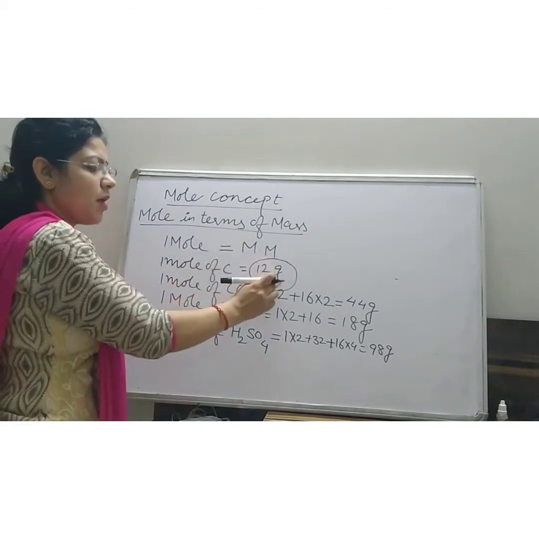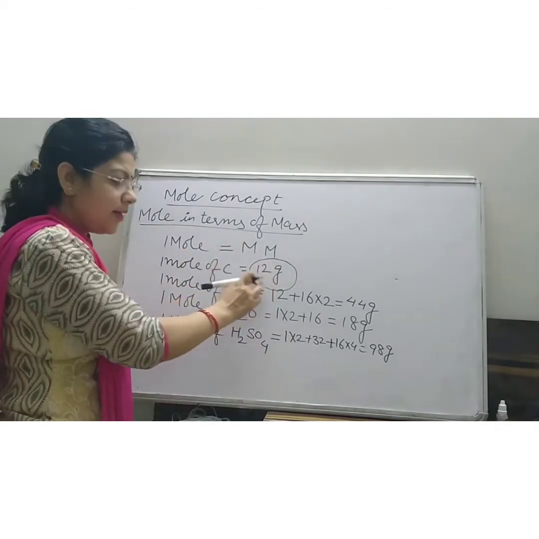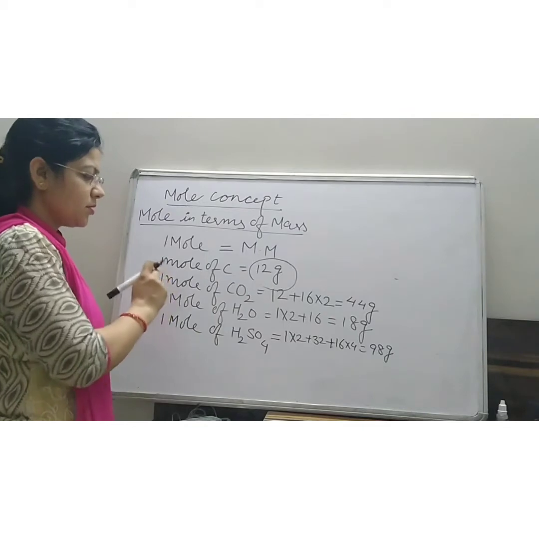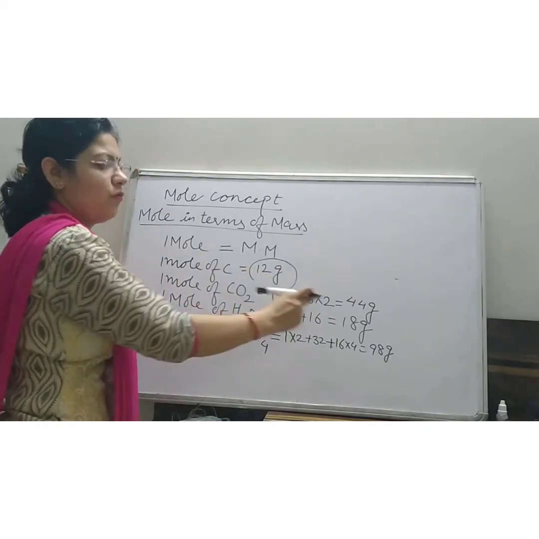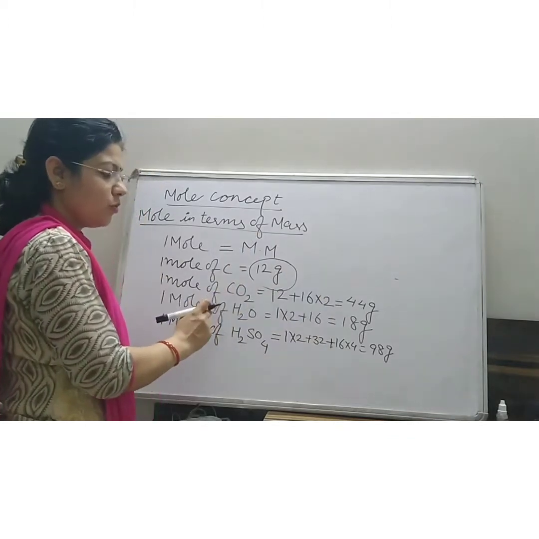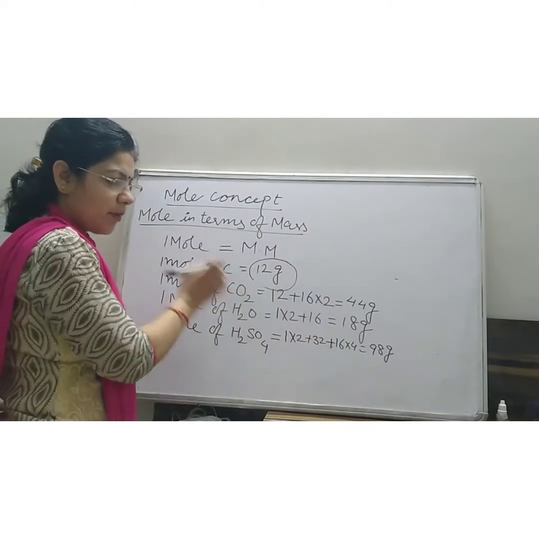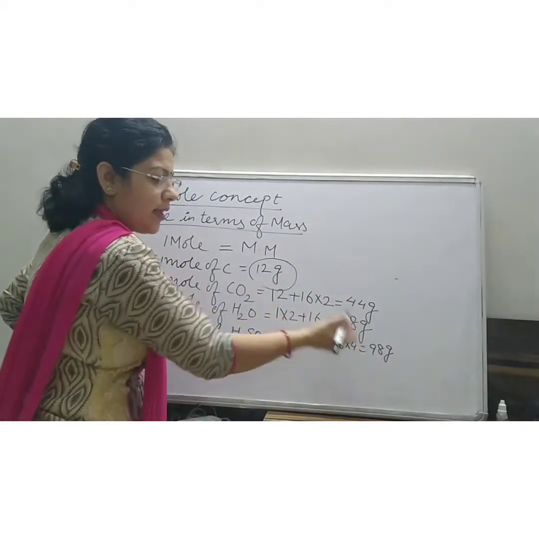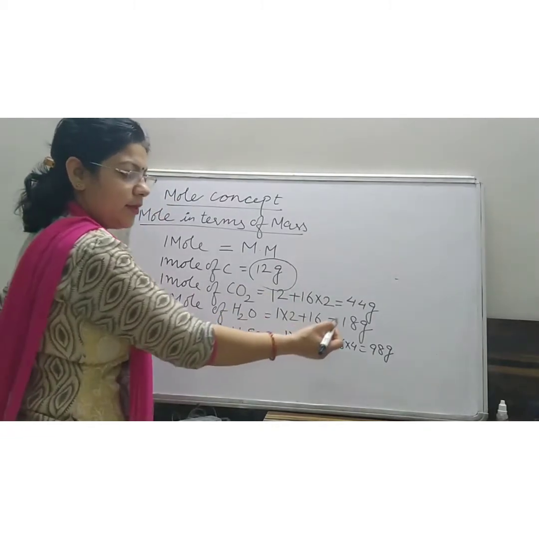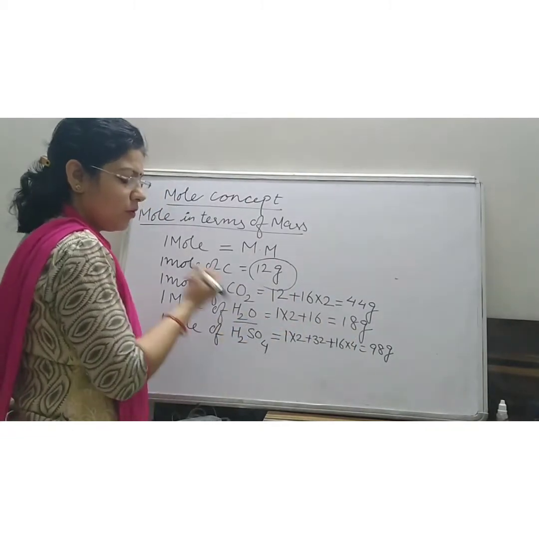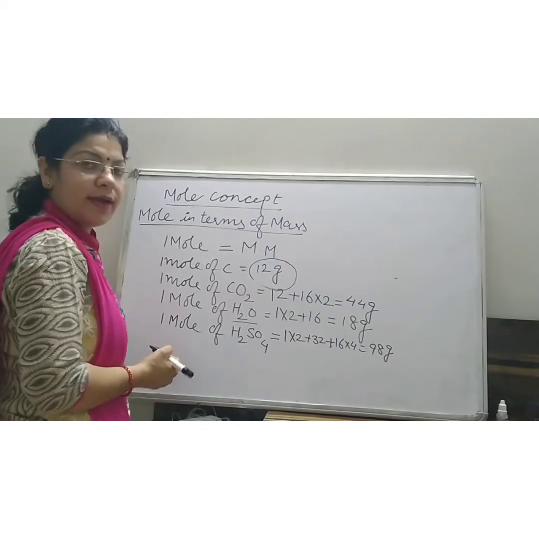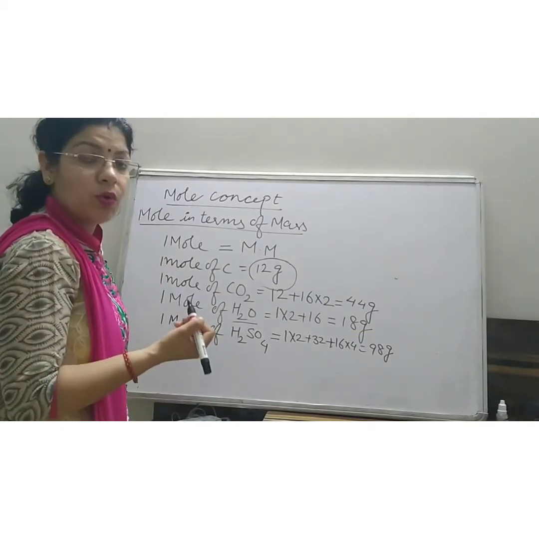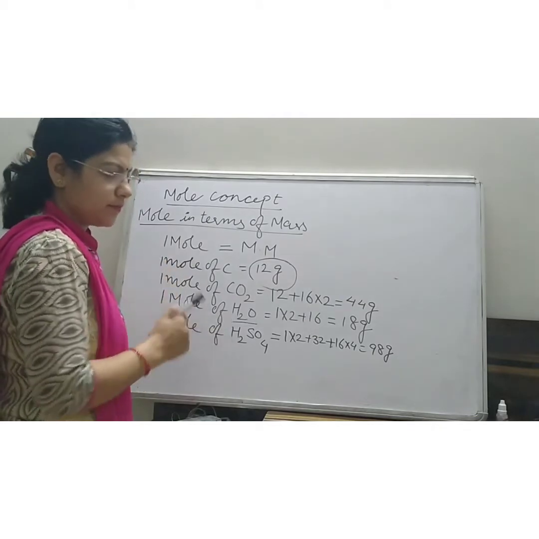Therefore, this mass is known as its molar mass. It means 12 grams is the molar mass of carbon, 44 grams is the molar mass of carbon dioxide, and 18 grams is the mass of 1 mole of water, or 18 grams is the molar mass of water.